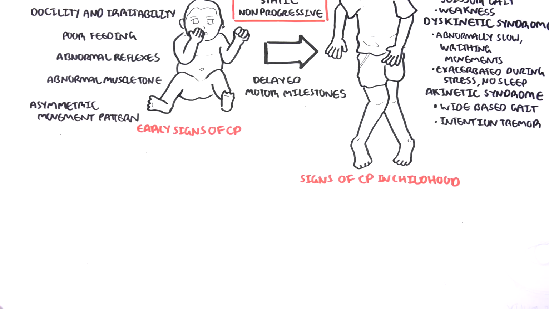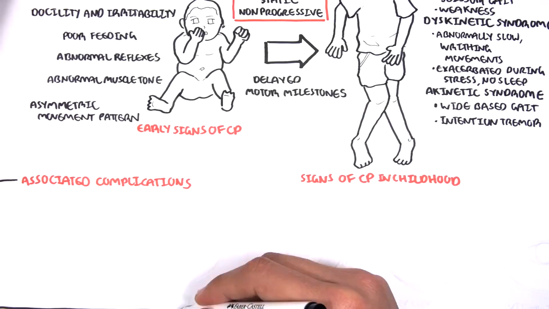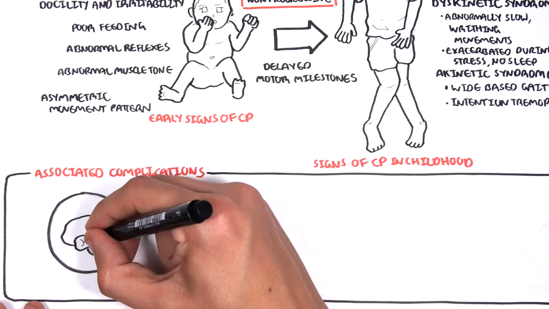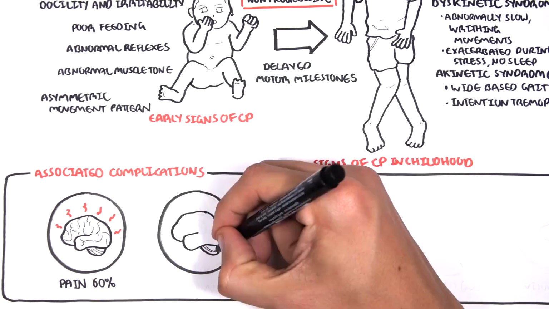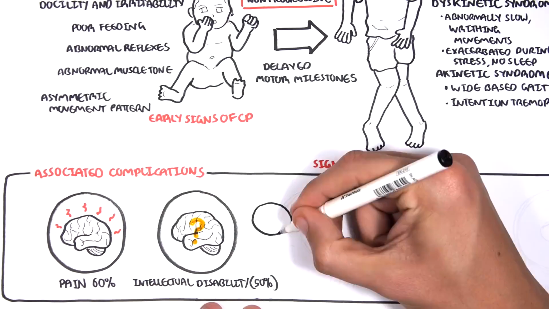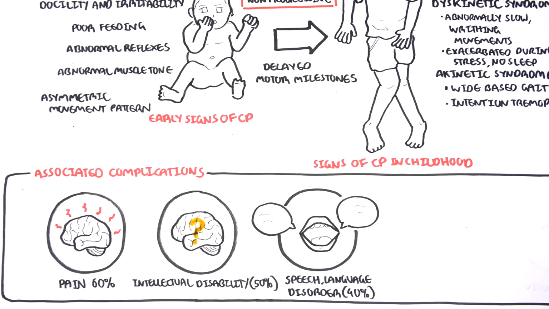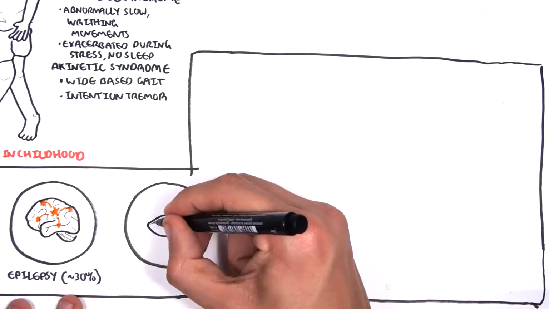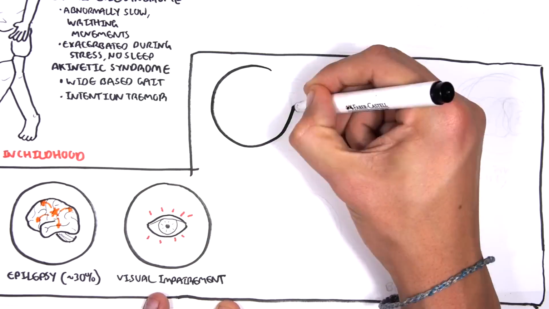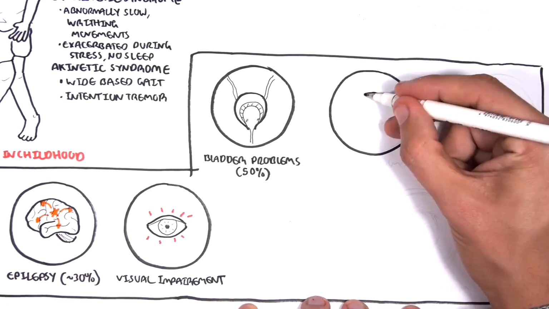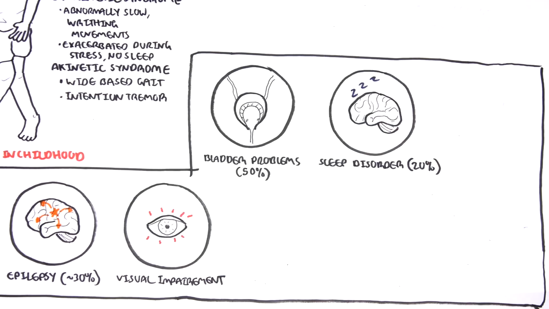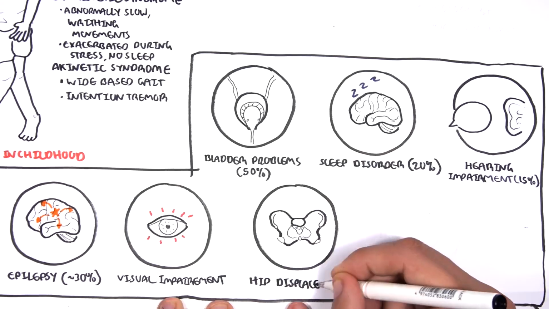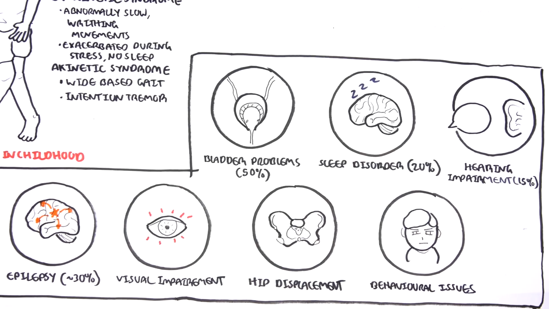Cerebral palsy is not only about movement and motor problems. There are lots of other complications associated with it, and these include pain, intellectual disability, speech and language disorders, epilepsy, seizures, visual impairment, bladder problems, sleep disorders, hearing impairment, hip displacement, and also behavioral problems.